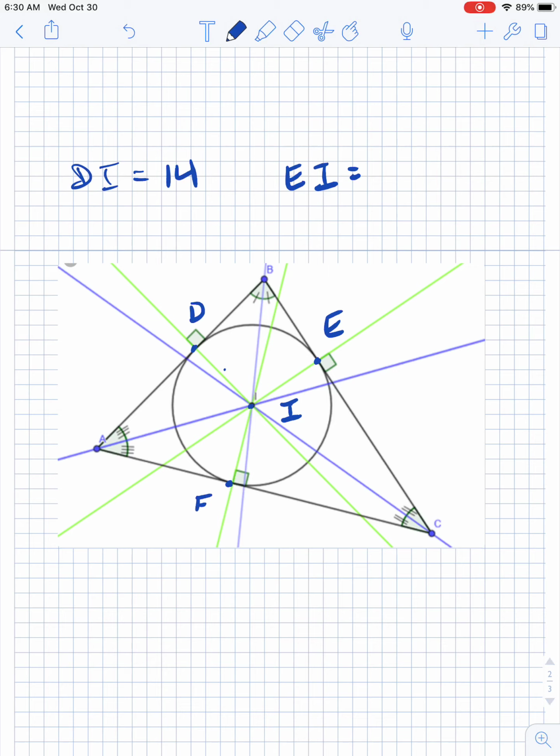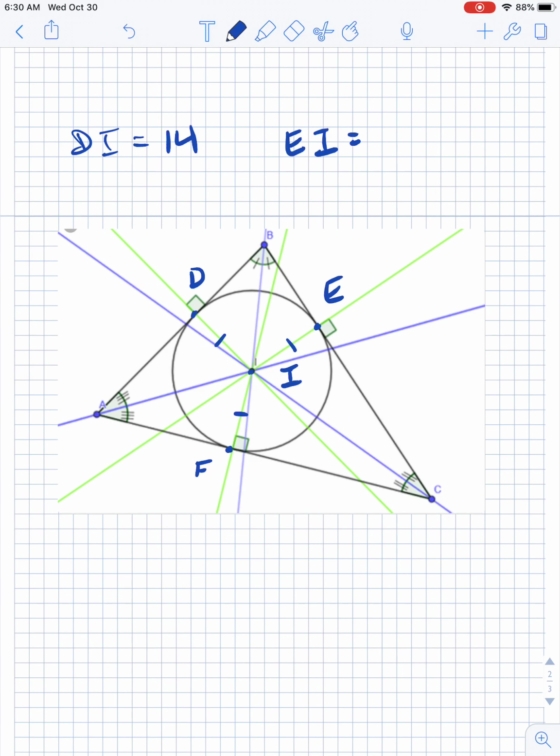So that means that DI and EI are congruent to each other. They are also congruent to FI. All of those segments are congruent to each other because those are distances from the incenter. So if DI is 14, that also means that EI is 14.